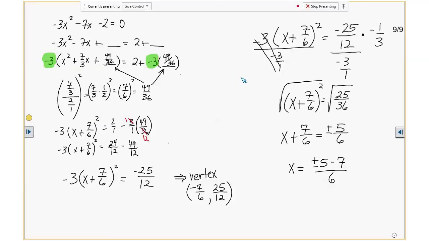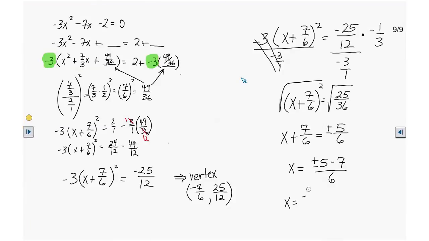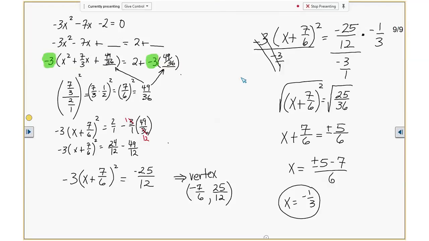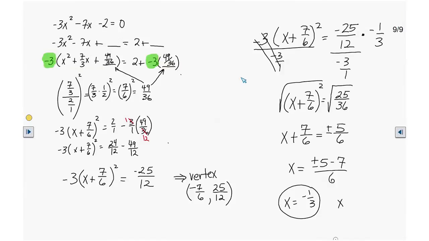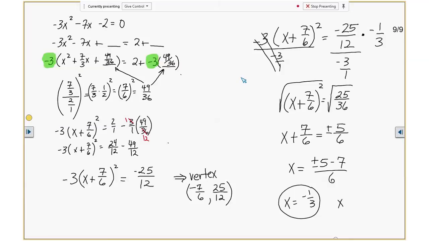What's 5 minus 7? What's negative 2 over 6? Negative 1/3? That's one x-intercept. What's negative 5 minus 7? Negative 12 over 6?